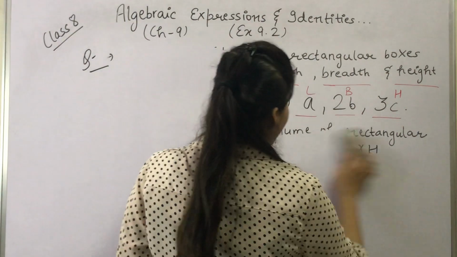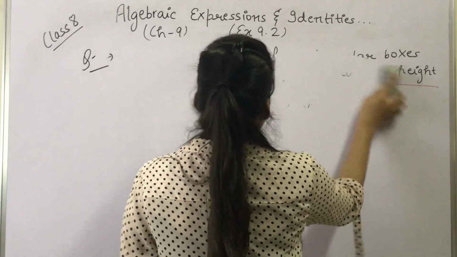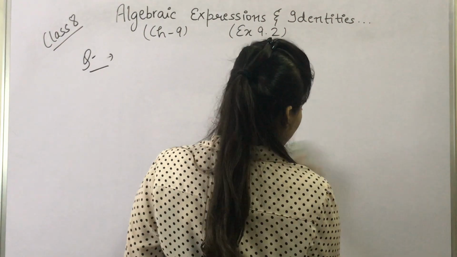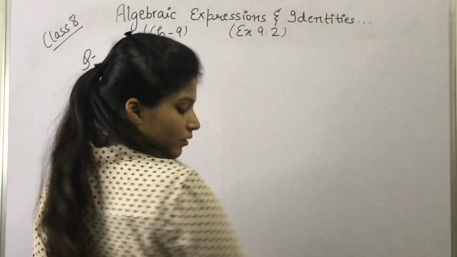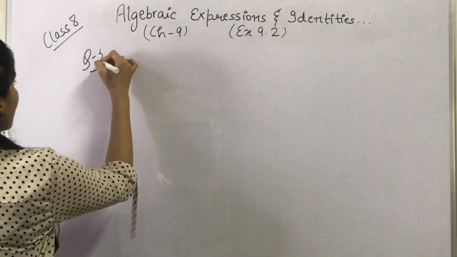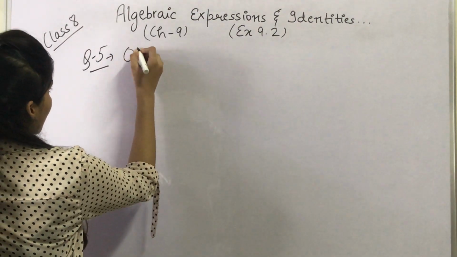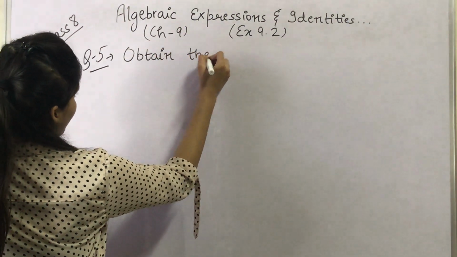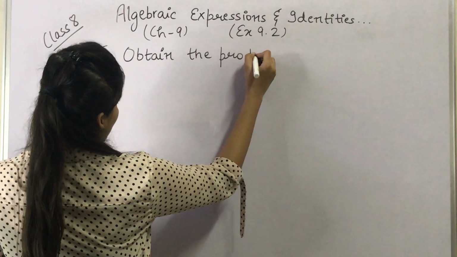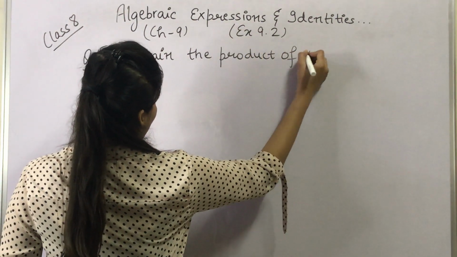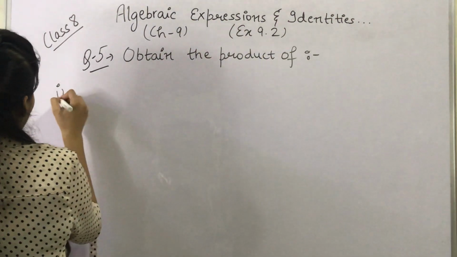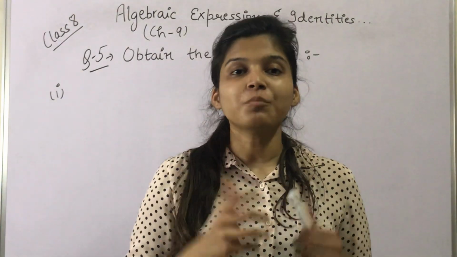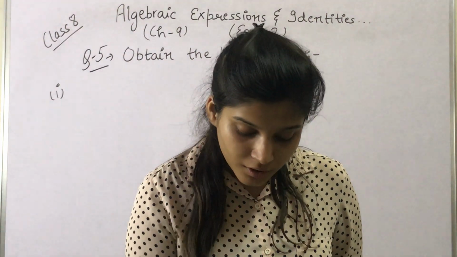So question number 5 is obtain the product of. So in this question we have to obtain the product, means again we have to multiply, and multiply what?